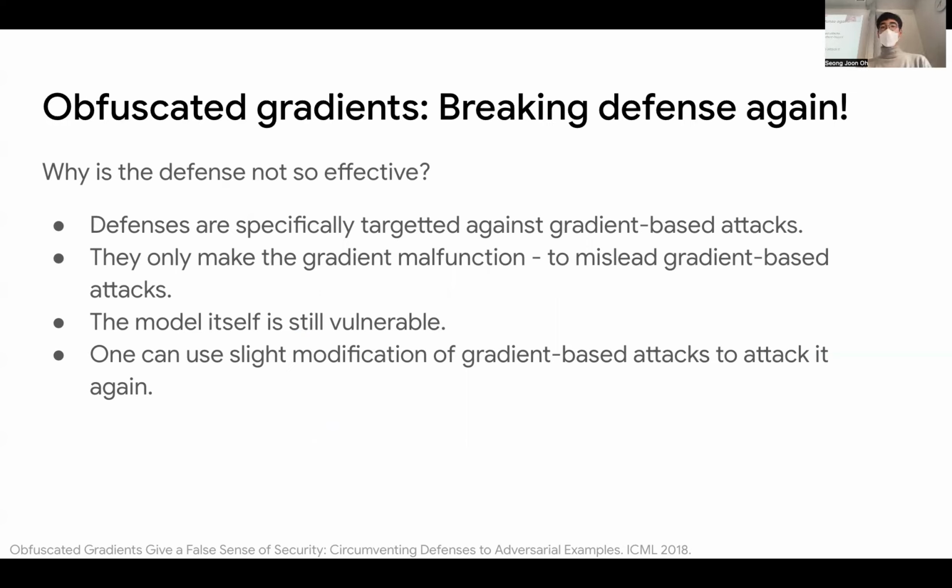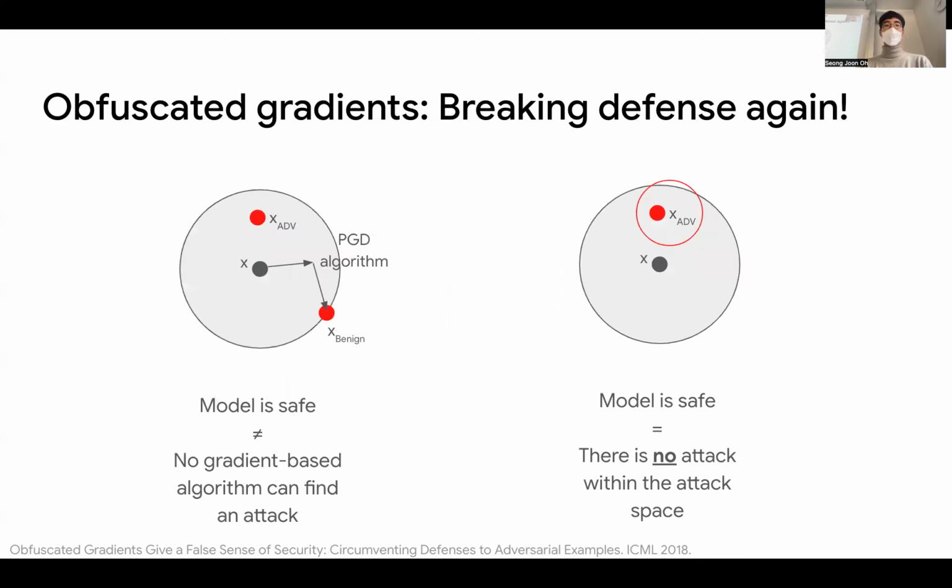You can just make the gradient malfunction, and then it's going to mislead gradient-based attacks altogether. But then the problem is the model itself is still vulnerable, even if those particular types of attacks are not working. So you can actually do a slight amount of modification on the attack algorithm to make it attack the model again. We're going to look at examples of that.